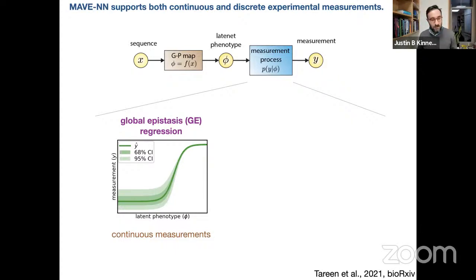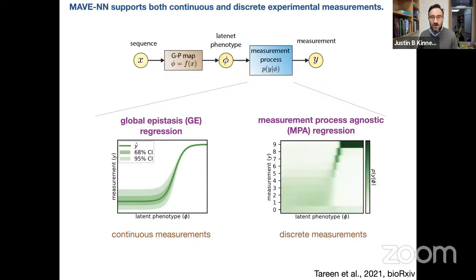The global epistasis measurement process assumes that the measurement is a noisy readout of a nonlinear transformation of the underlying latent phenotype, whereas the measurement process agnostic regression approach is used to analyze MAVE data that contains discrete measurements.